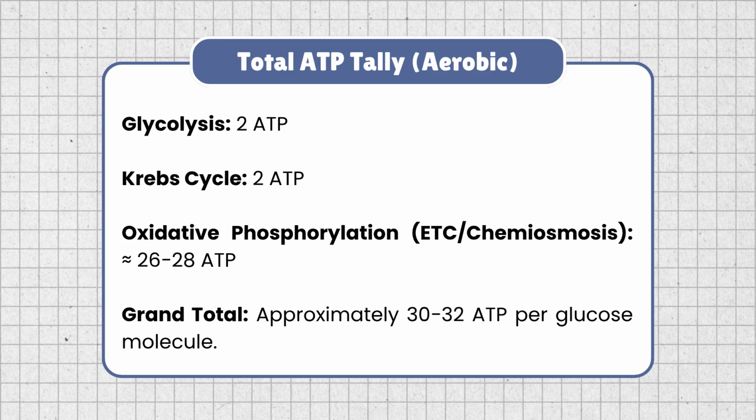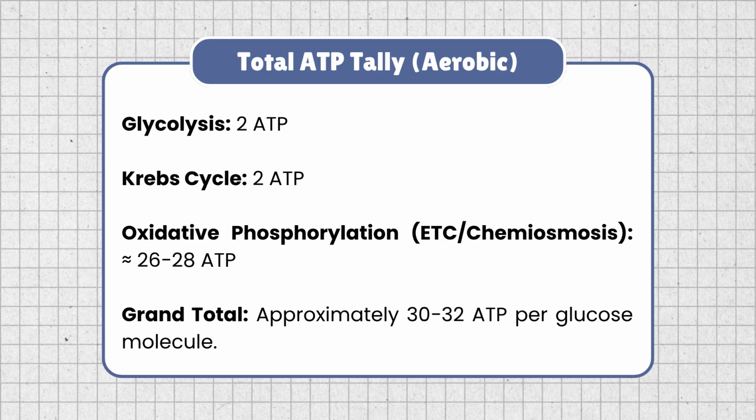Now, to finish our review of aerobic respiration, let's look at the grand ATP tally per single glucose molecule. First, glycolysis contributes a net of 2 ATP. The Krebs cycle adds another 2 ATP, and the powerhouse, the oxidative phosphorylation, which includes the electron transport chain or ETC and chemiosmosis, yields the vast majority, providing approximately 26 to 28 ATP.